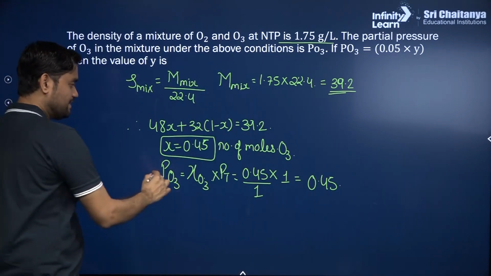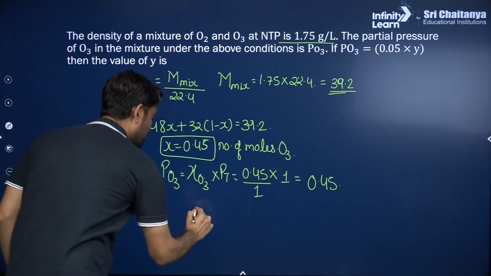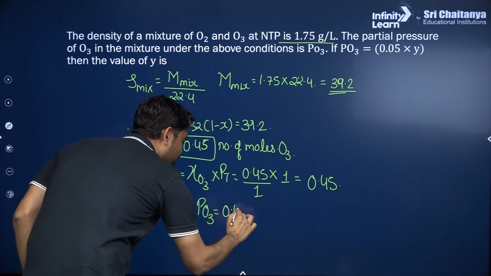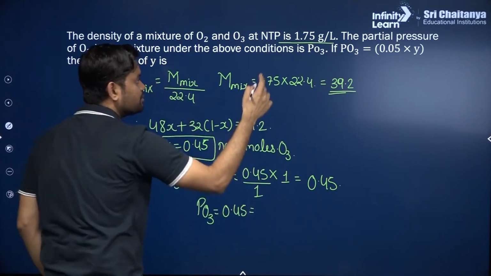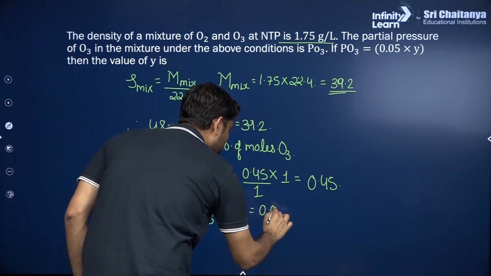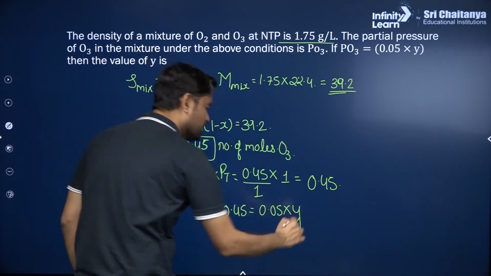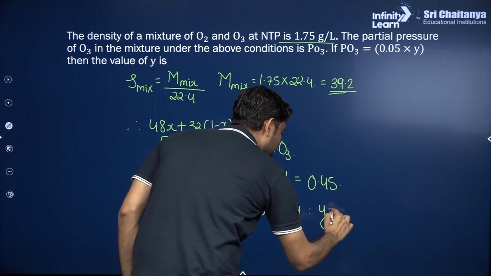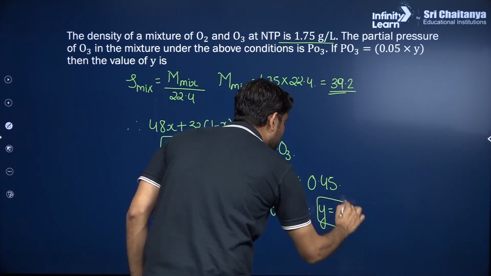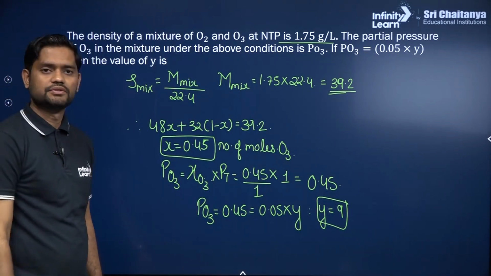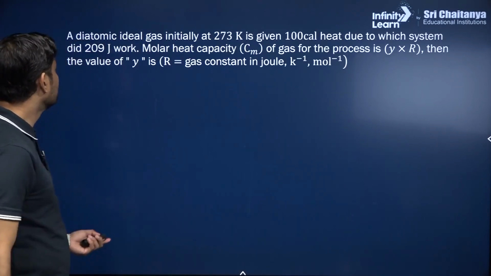Got it? So PO3, that is partial pressure of ozone, is 0.45, but they actually wanted it in the way 0.05 into Y. From this, if you calculate Y value, you will get 9. That is 5 9 the 45. Clear? Perfect.